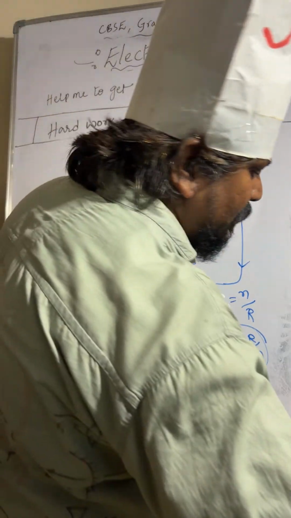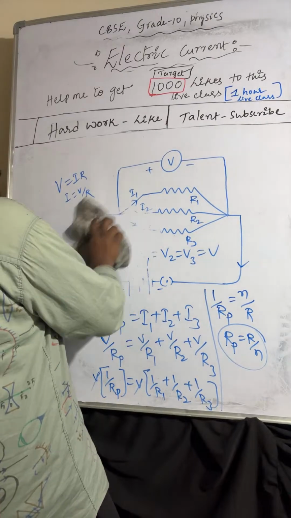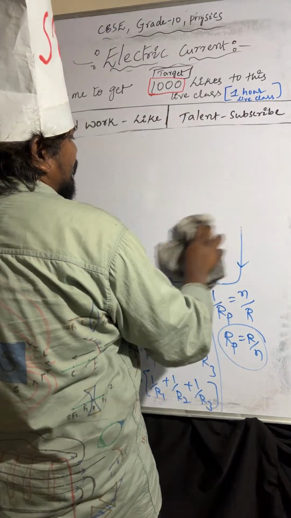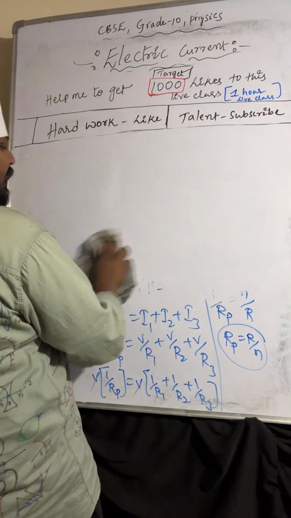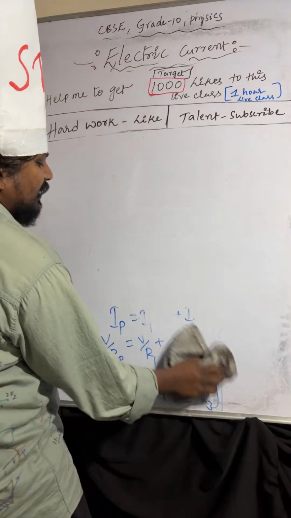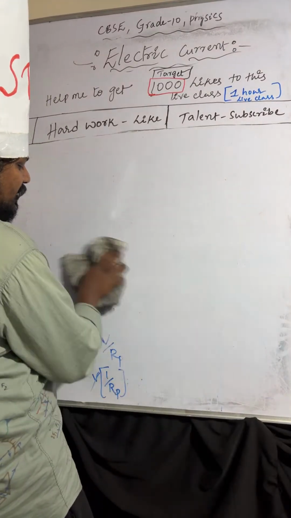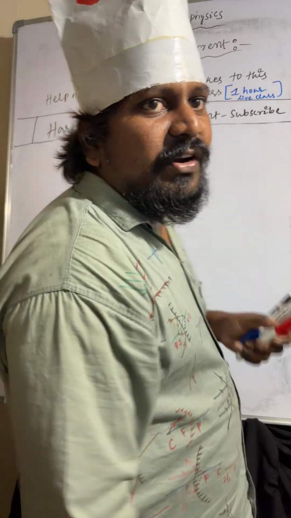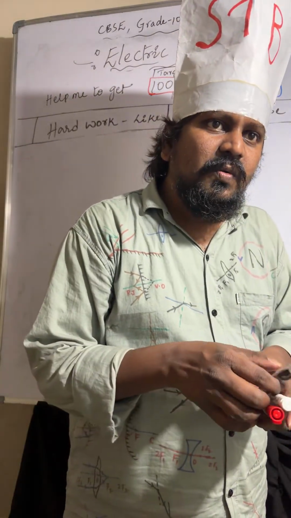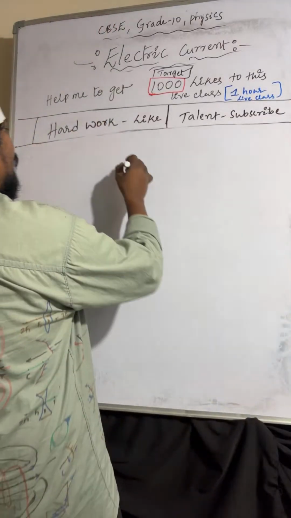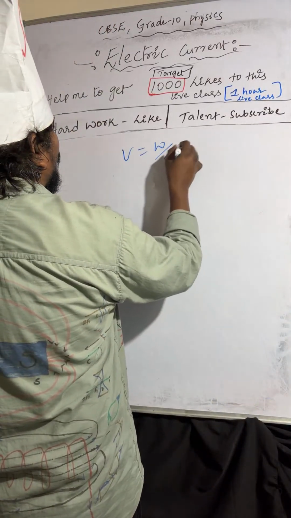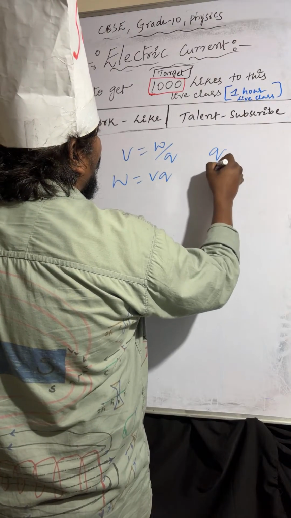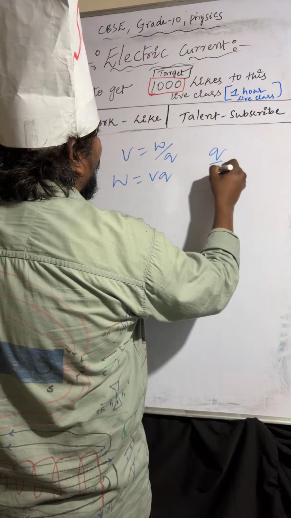So now we will discuss heating effect of electric current. Let's start. V equal to W by Q, so W equal to V into Q. We know Q by t is I, right?